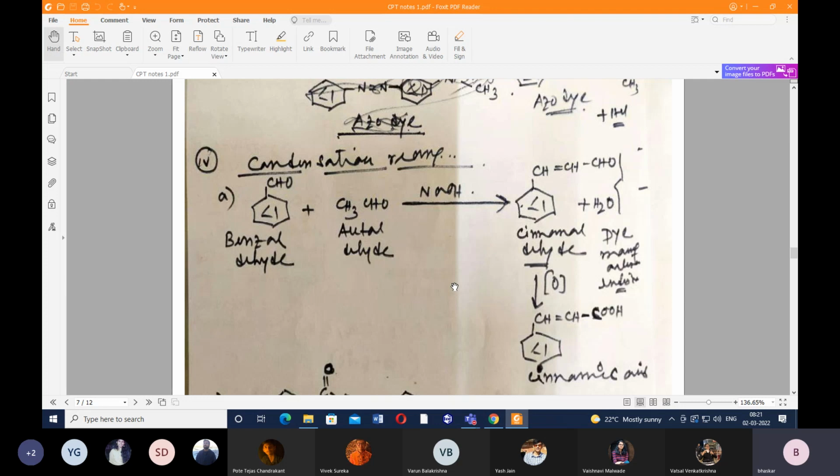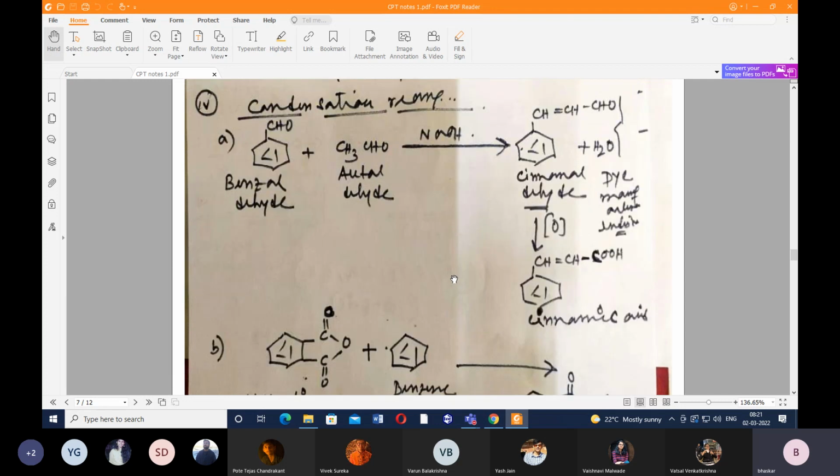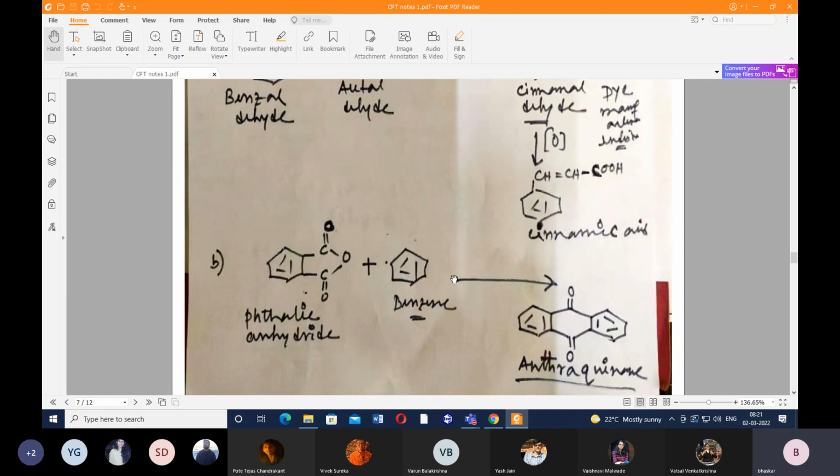So let us talk about another example of a condensation reaction. This reaction is also very important and very common. First of all, we will start with phthalic anhydride. Phthalic acid is C6H5, COOH. How can we convert acid into anhydride? Anhydride means we remove the H2O molecule from the acid. So here also we had COOH.